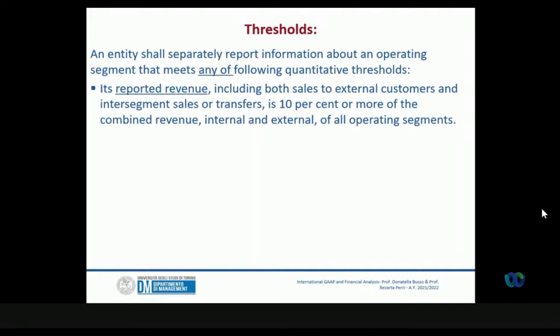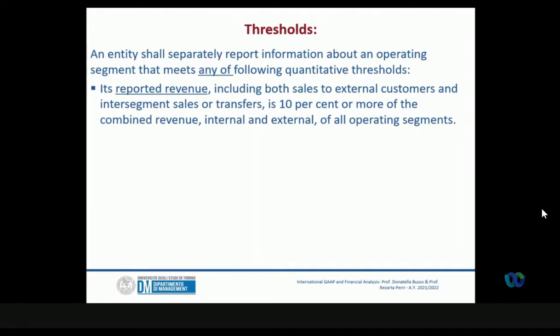But when we account for segments and we have to decide whether they are reportable or not, we have to take into account not only the sales to external customers, but also the intersegmental sales or between the divisions. So if the reported revenue of one segment is 10% or more of the combined revenue of all operating segments, that means that I have to calculate the revenue from all of the segments, but be careful.